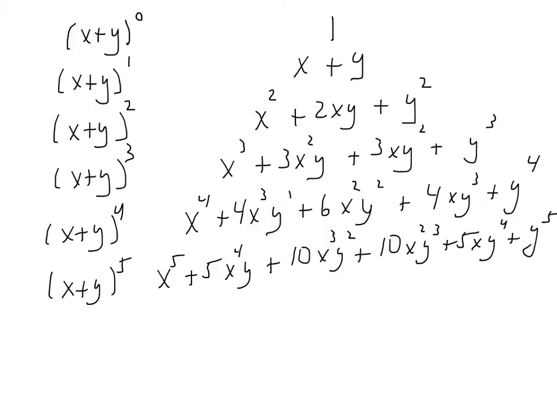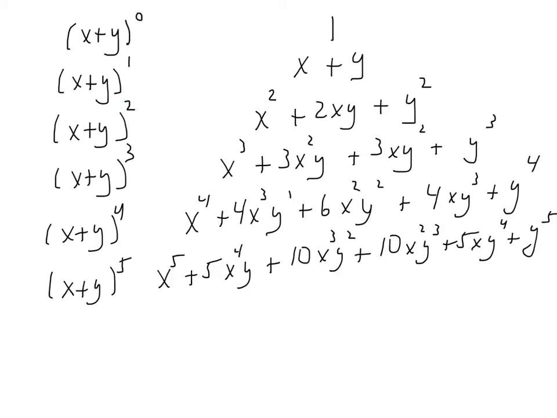I'm going to show you a trick, and it's really quite simple. What we're going to do is look at the patterns that are happening here in this expansion. The first pattern that I'd like you to notice is that each of these rows, as I go across, depends on the exponent to which I am raising this.